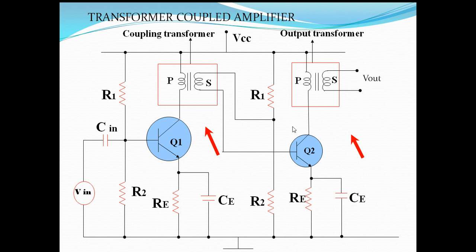Similarly, in the second stage, the output is measured across the secondary winding of the transformer, which is connected across the collector of the second stage.